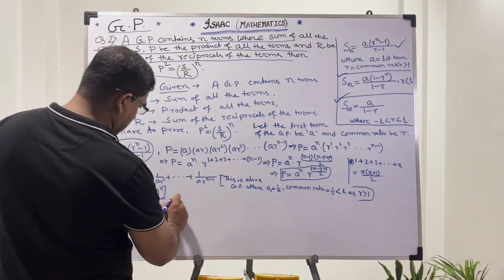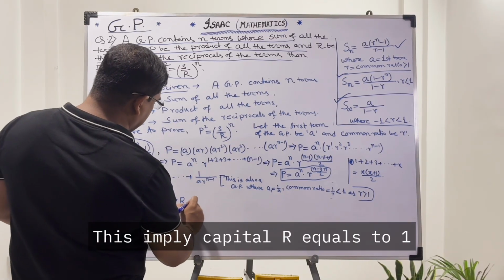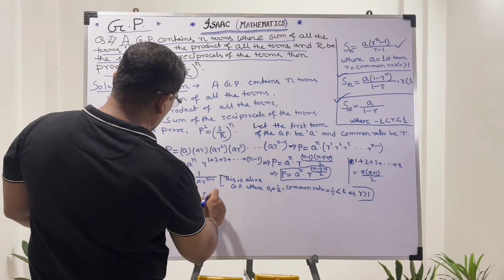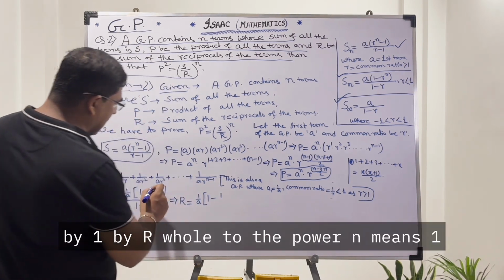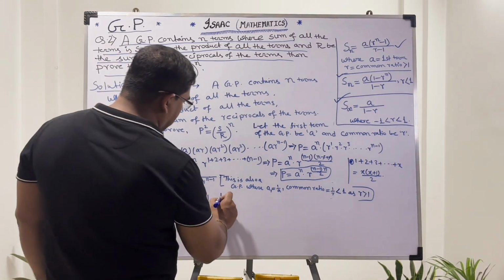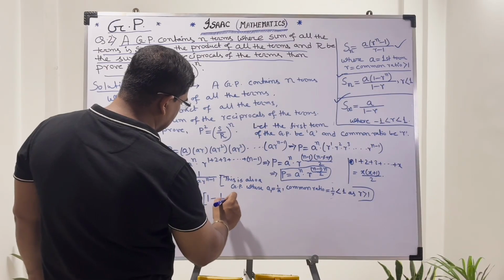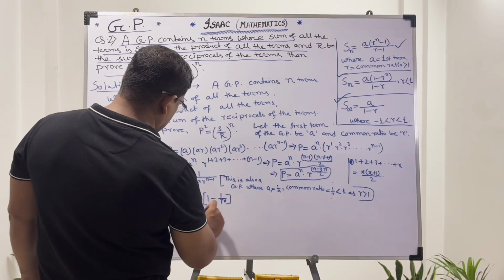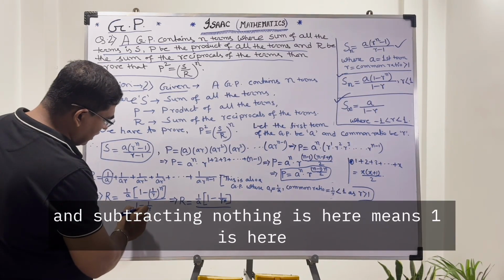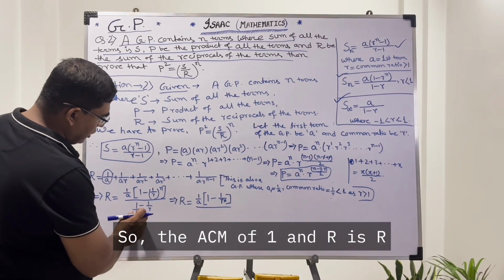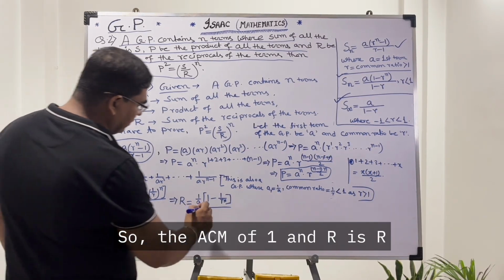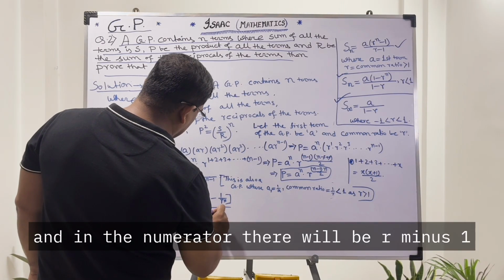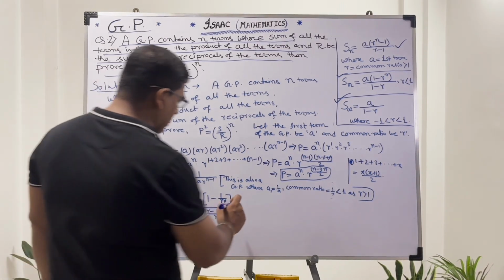This implies capital R equals 1 by A whole into 1 minus 1 by r whole to the power n, meaning 1 by r to the power n. And subtracting, nothing is here means 1 is here. So the LCM of 1 and r is r, and in the numerator there will be r minus 1.